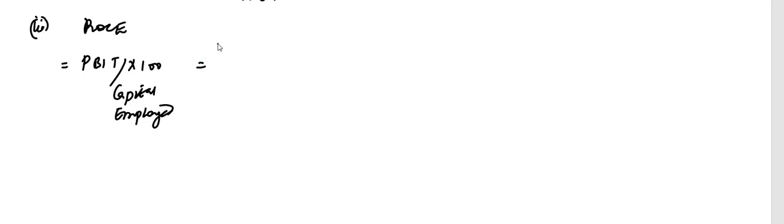So your profits before interest and tax is 3365 plus 1989, then over the capital employed.